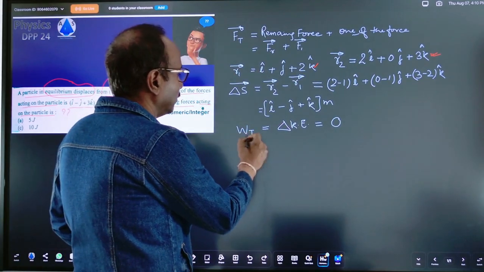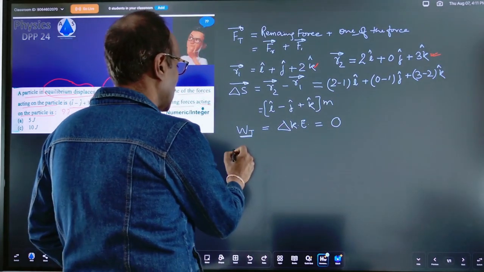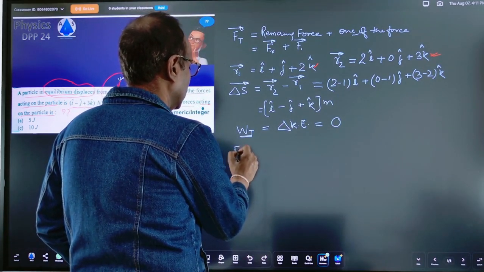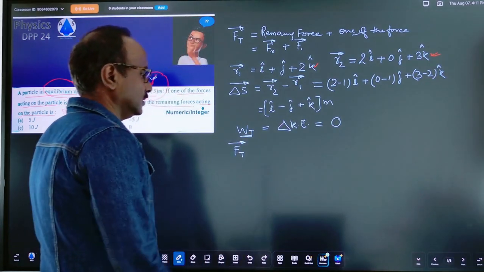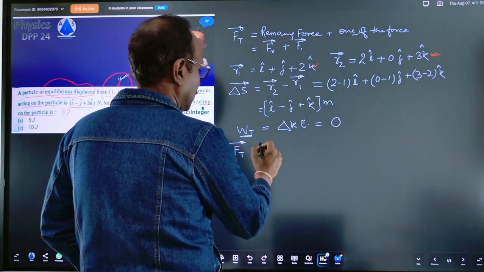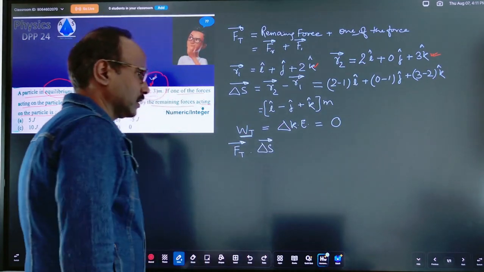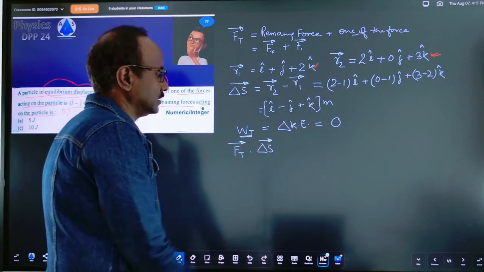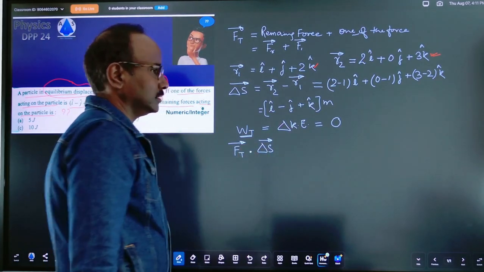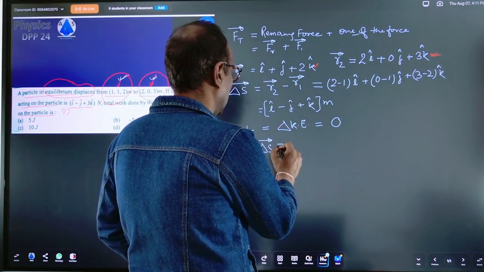And what is this W total? Now you can write, the work done by any force is total force dot displacement. What is your F total?